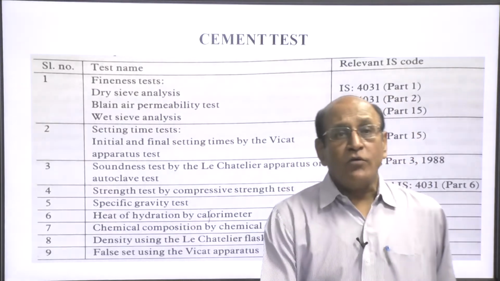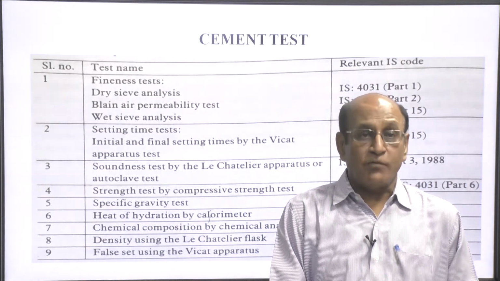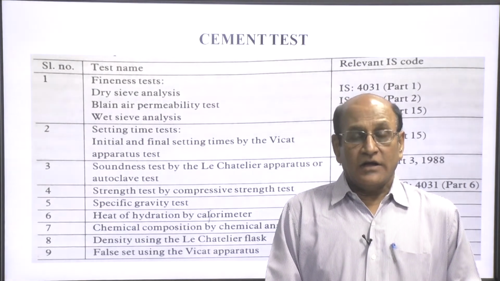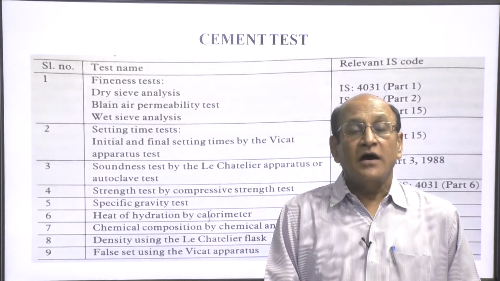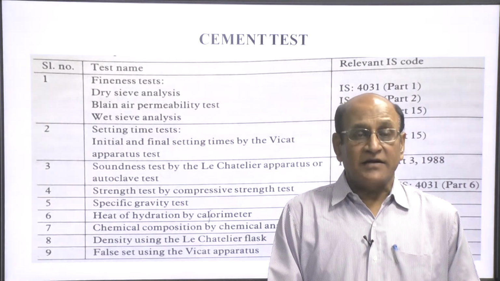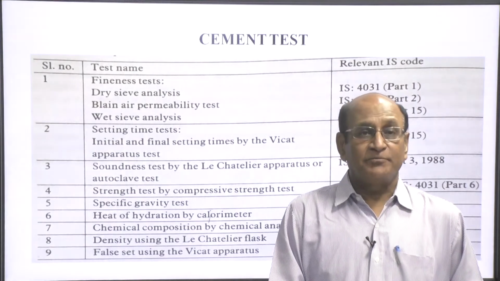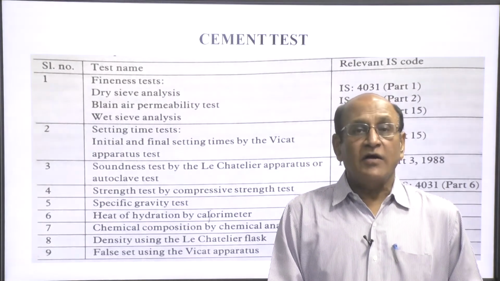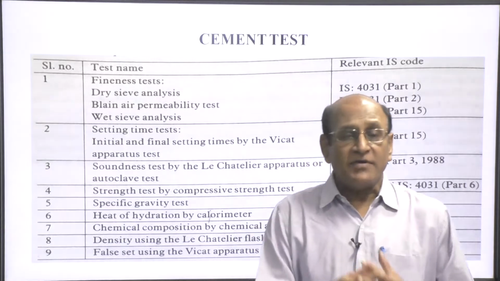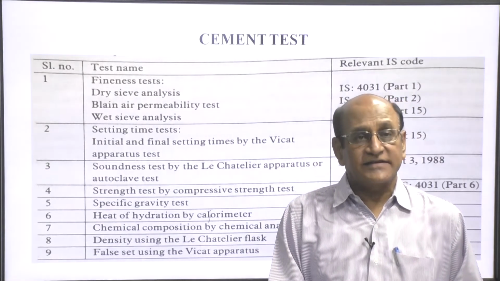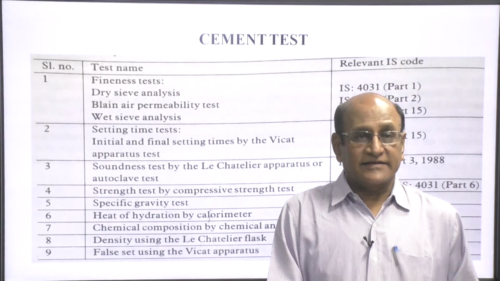Now we come to the next test, which is on cement. It is a very important test because cement is the main raw material used for the construction of a rigid pavement, and even in a flexible pavement some structures like bridges, culverts, etc. are constructed with cement.